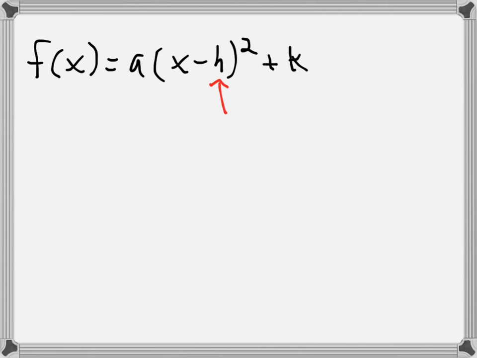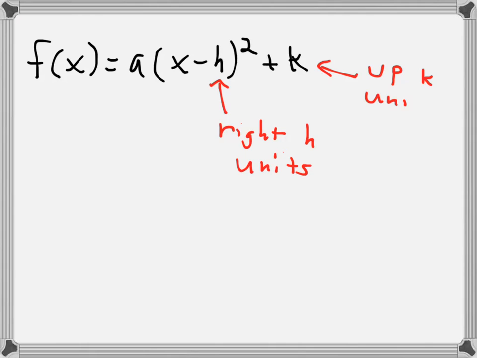This is going to move the graph right h units. And you notice how this has to be a minus sign inside the parentheses to go right. If it was a plus, it would go to the left h units. This is going to go up k units. And again, if it's a minus sign, if we're minusing k, then it's going to go down k units.